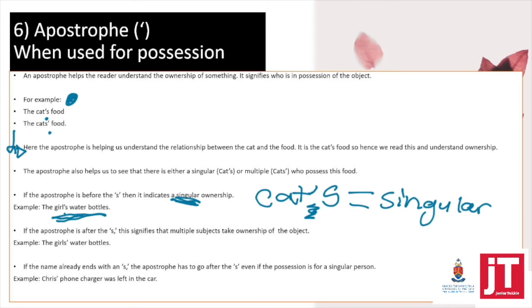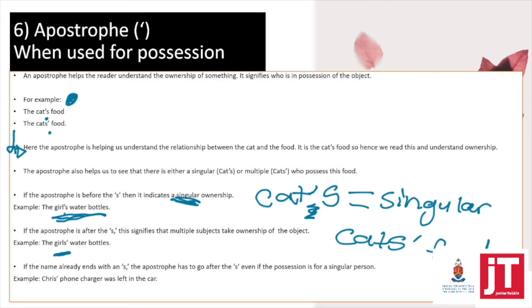For example, the girls' water bottle. Now it's multiple young ladies who are in possession of these water bottles. And in the cats' case, the cats' food, there's definitely more than one cat now. Perhaps they're referring to the SPCA, where they hopefully have a room full of lovely cat food for our little cats and dogs who might be going hungry if it wasn't for them.